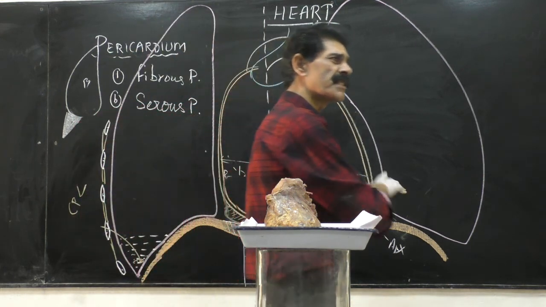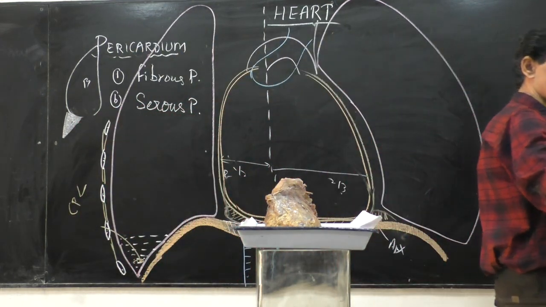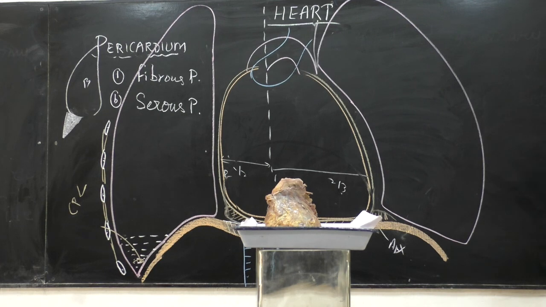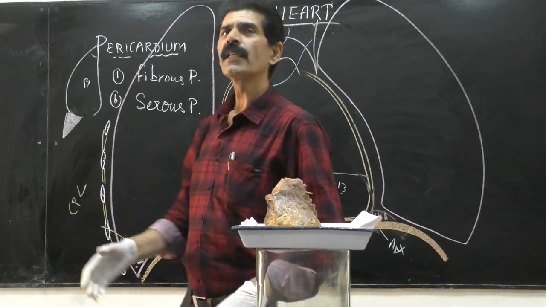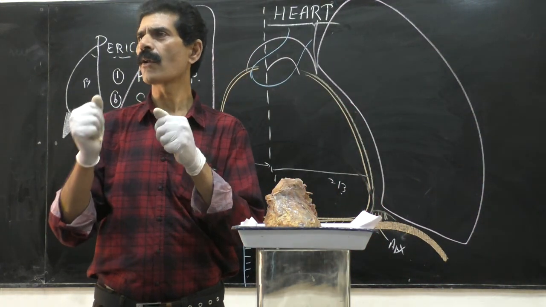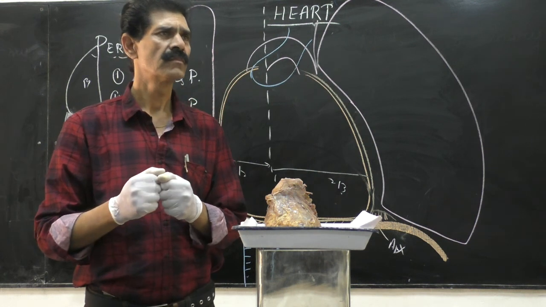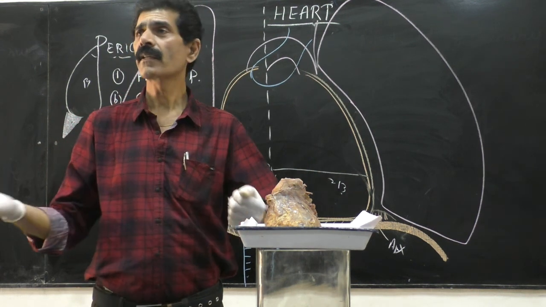Its apex remains in the fifth intercostal space. It doesn't change in any of the positions. That is the virtue of the fibrous pericardium. It keeps the heart in the anatomical position in any alteration of the posture.